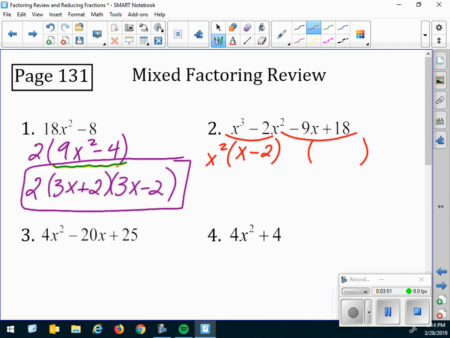X minus 2, right. So what do I need to factor out of this? Negative 9. Good. And remember, you always factor out a sign even if it's plus. So now it's x minus 2 times.